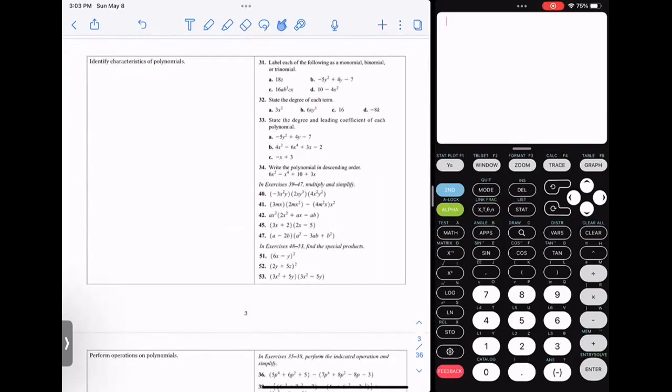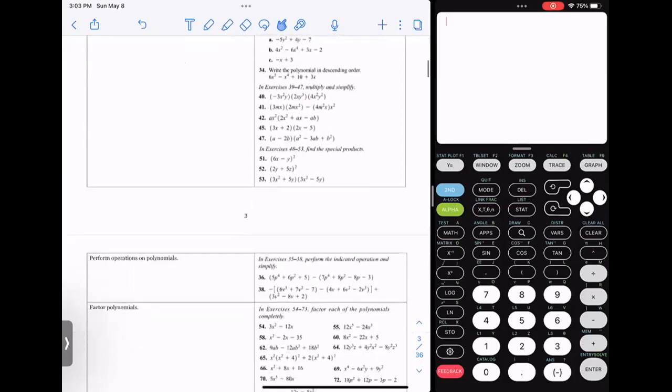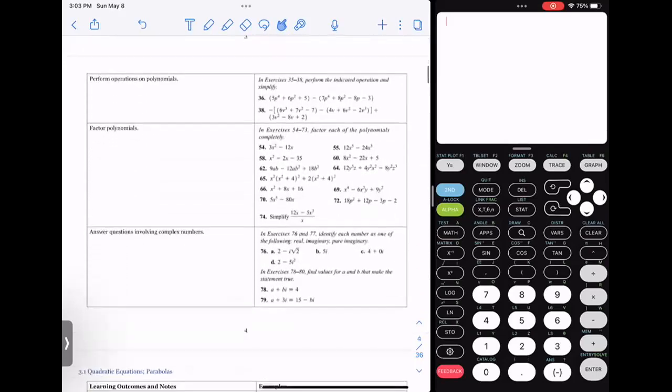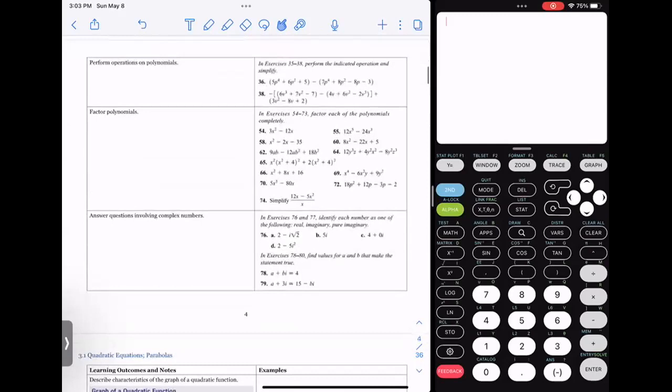Any questions on this page? Don't be afraid to ask for help for any stuff you see on screen. Any questions on this page?